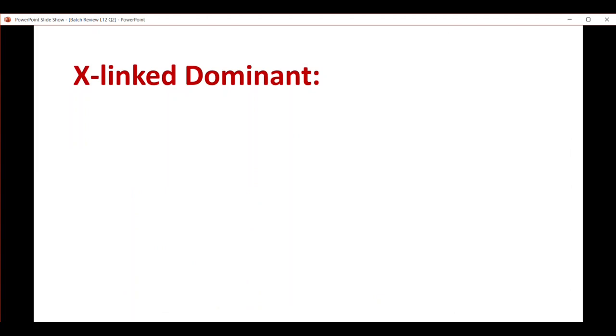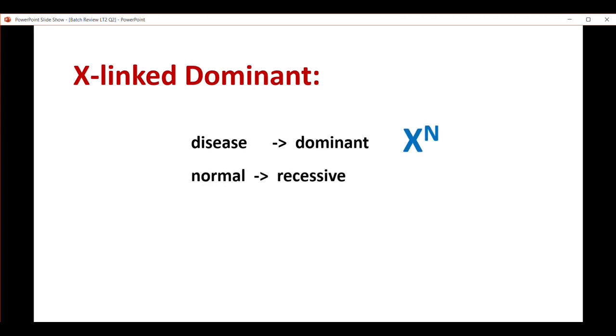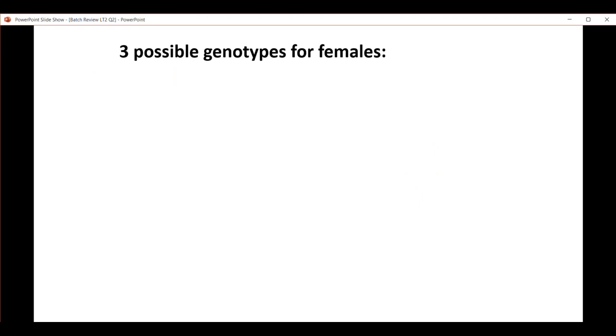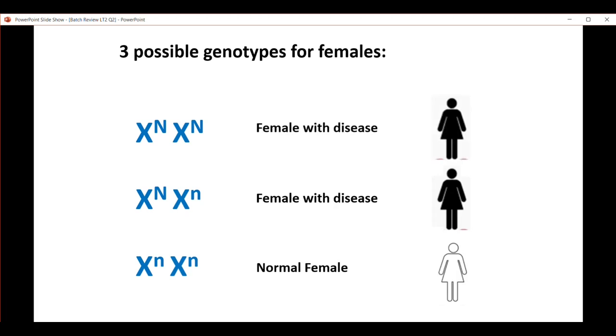In this case, it is the dominant allele that would be producing the disease, which means that our notation will change. The X big N will now be the one that is diseased, while the normal recessive would be X small n. With this, we have possible combinations for the female. We have X big N X big N, X big N X small n, and X small n X small n. So in this case, the X big N X big N would be a female with disease.